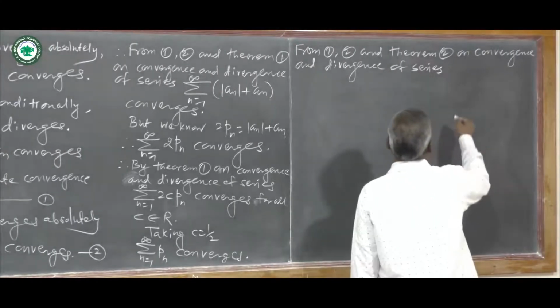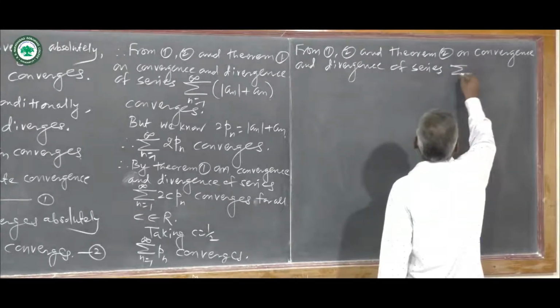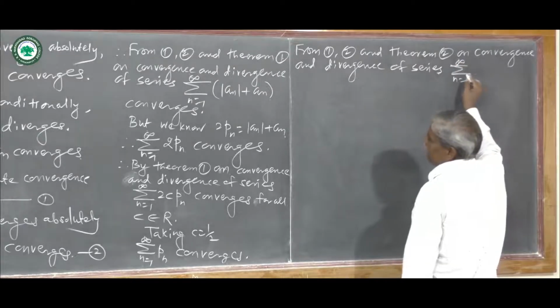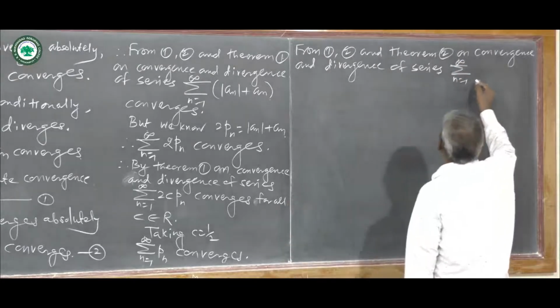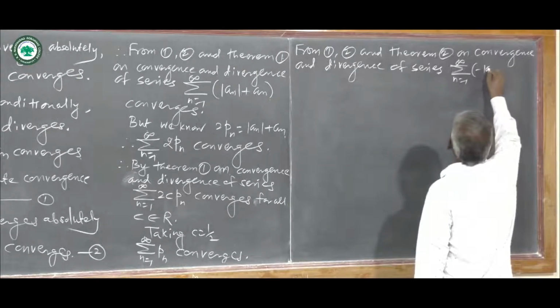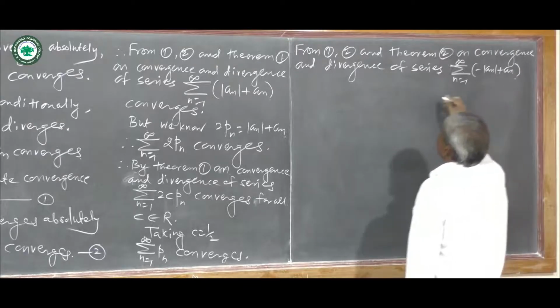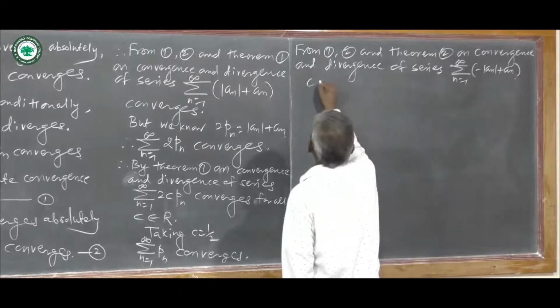Summation n is equal to 1 to infinity minus mod of an plus an converges.